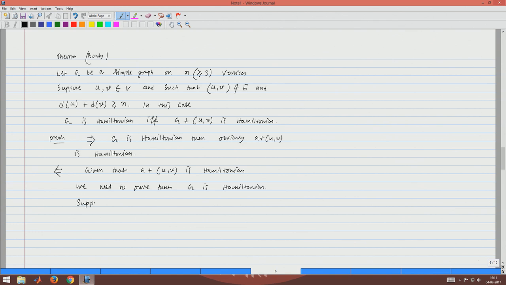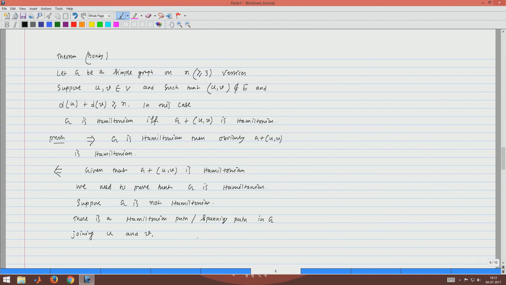Suppose G is not Hamiltonian. Then there is a Hamiltonian path, or spanning path, in G joining u and v.